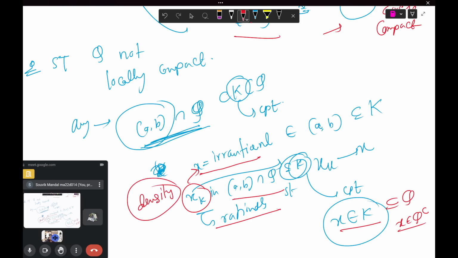Do you understand the point? So x has to belong to K due to compactness of K. This is the contradiction. So that's the full argument. Is it clear? Yes, sir.